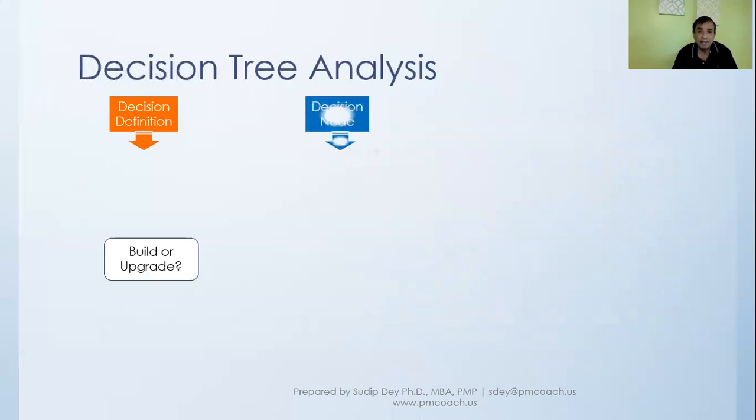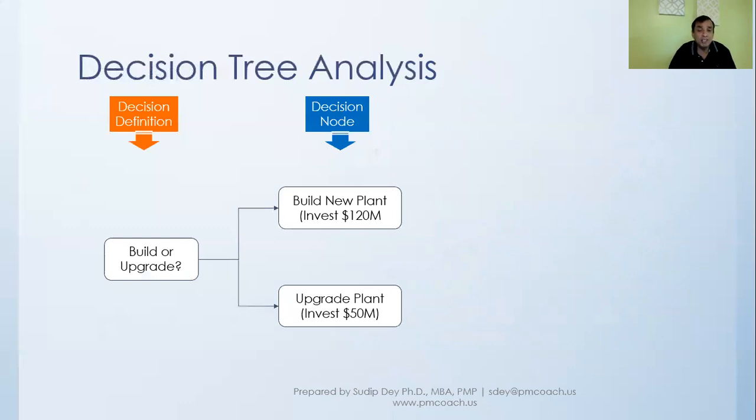So we have two nodes. One is, if we build a new plant, we'll have to invest 120 million. And if we upgrade, we have to invest 50 million. These are the two different decisions, and each has a different impact.